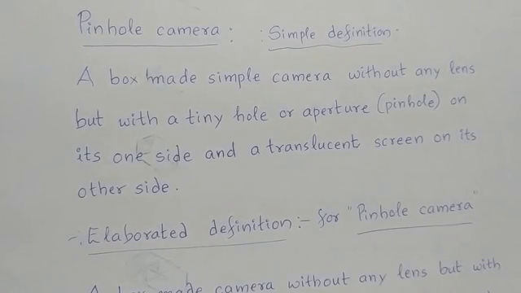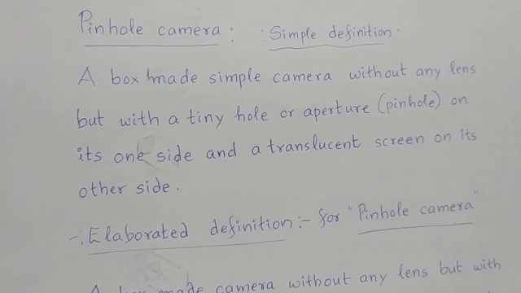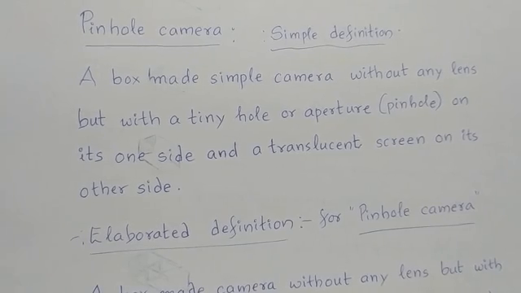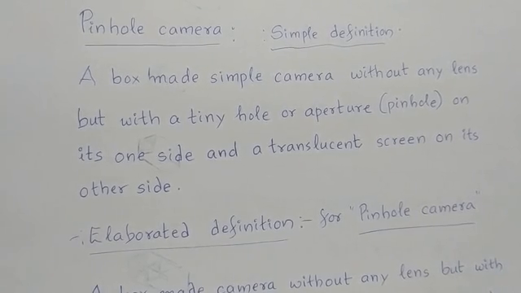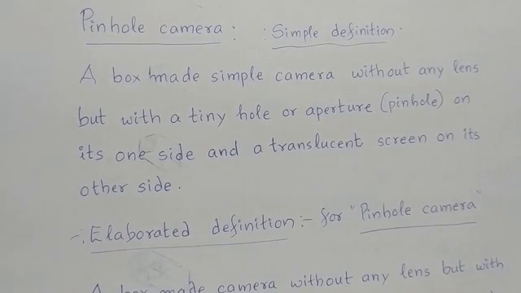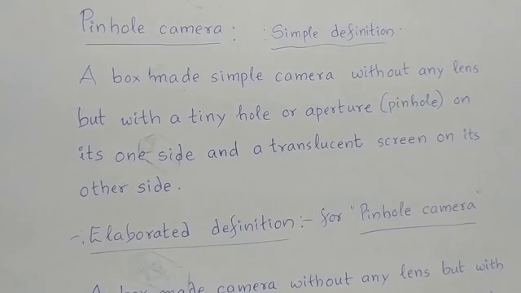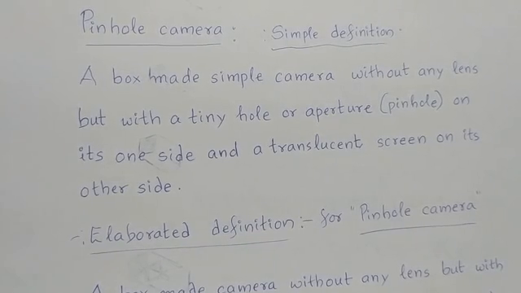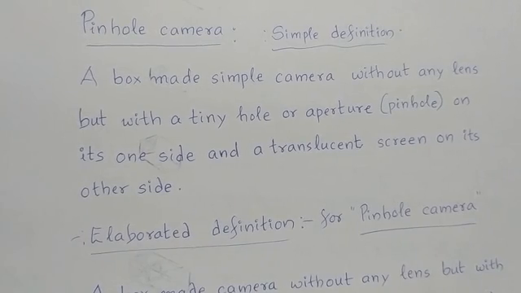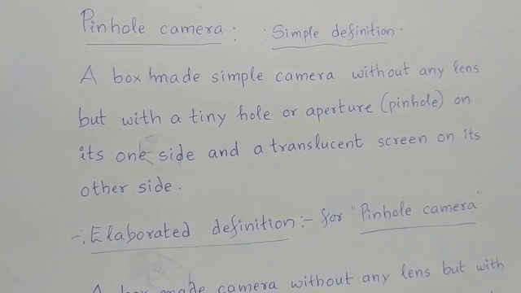Pinhole camera is a box made simple camera without any lens. Lens is not there, but what is present? But with a tiny hole or aperture. Tiny means very small. Hole or aperture.